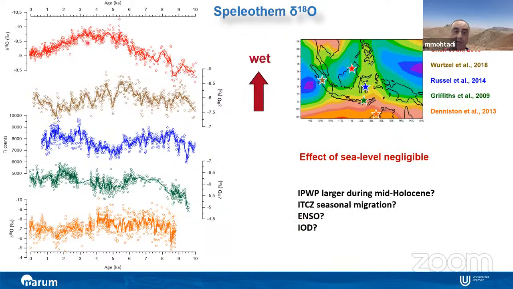Some of these records have been interpreted in terms of ENSO, like this one. September insolation was at maximum during the mid-Holocene. So the interpretation of this record was that maximum September insolation at the equator may stabilize the conditions in the equatorial Pacific, so more La Niña-like conditions in this region.